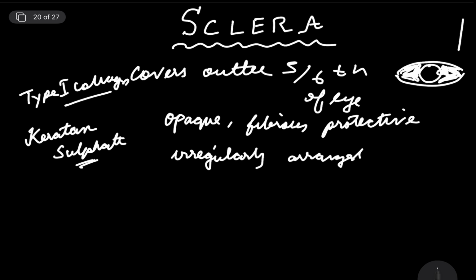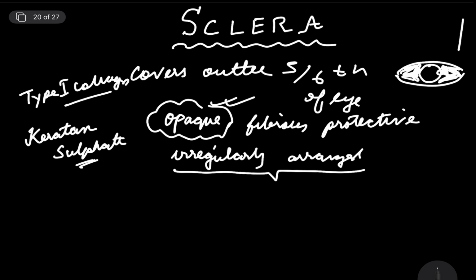Anyways, we have already seen all of this in cornea. In sclera, on the other hand, the arrangement is not regular but irregular, and hence, unlike cornea, the sclera is not transparent but opaque. And we need an opaque structure covering most of the eye. Why? We cannot have our entire eye be the window through which light comes in.